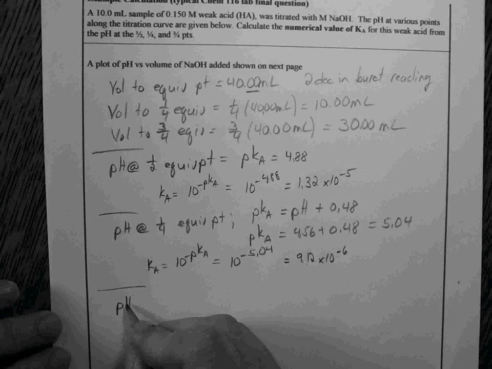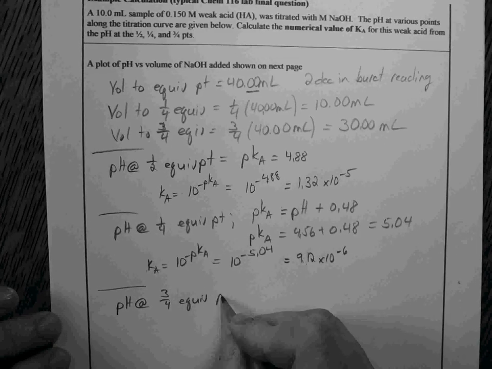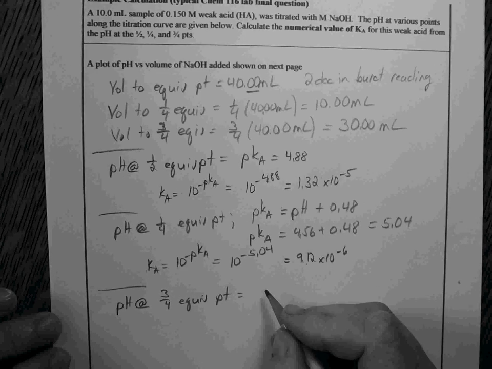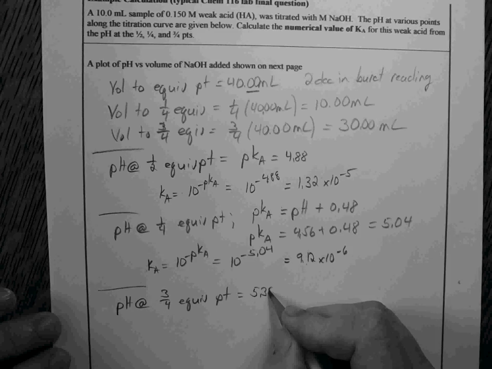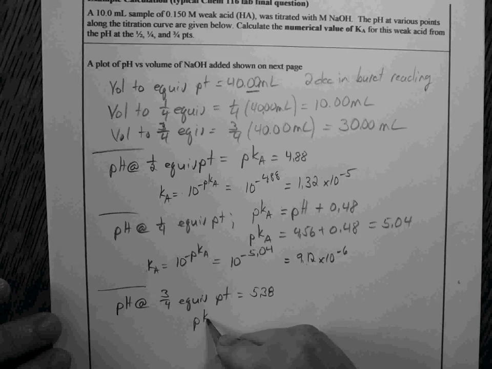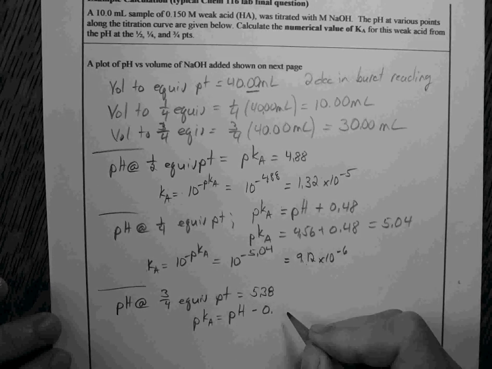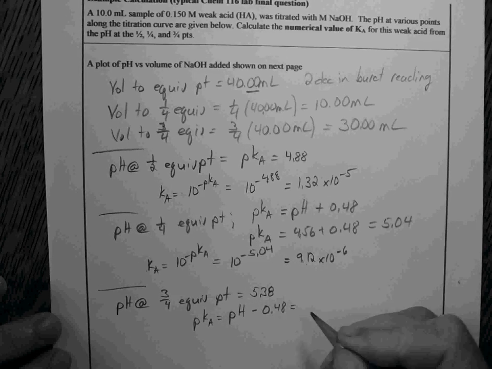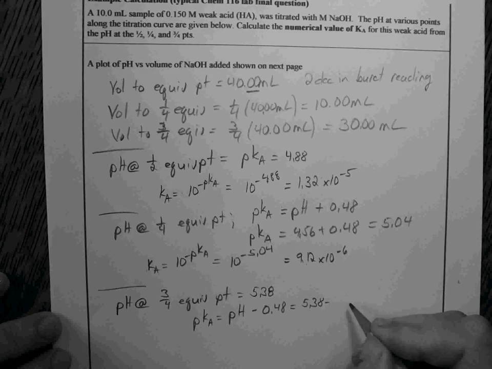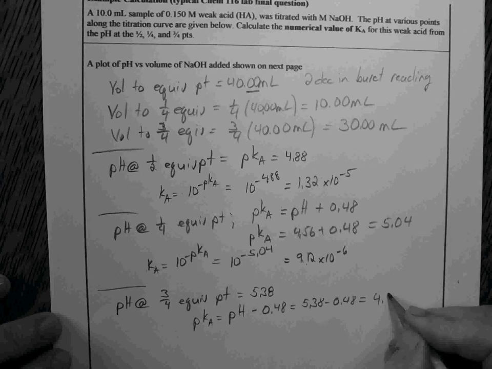And finally, the pH at the 3/4 equivalence point we found to be equal to 5.38, and we know at the 3/4 equivalence point that the pKa is equal to the pH minus 0.48. So that's 5.38 minus 0.48, and that is going to be equal to 4.90.